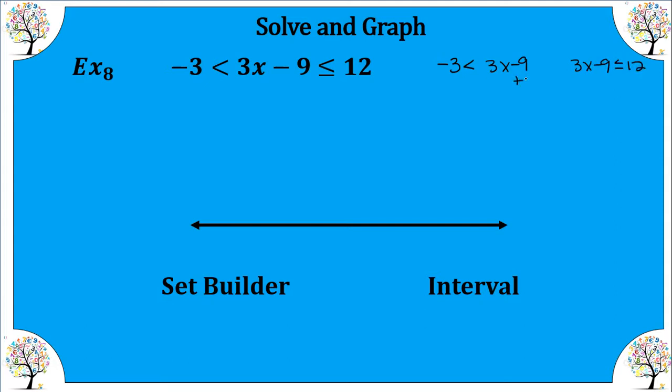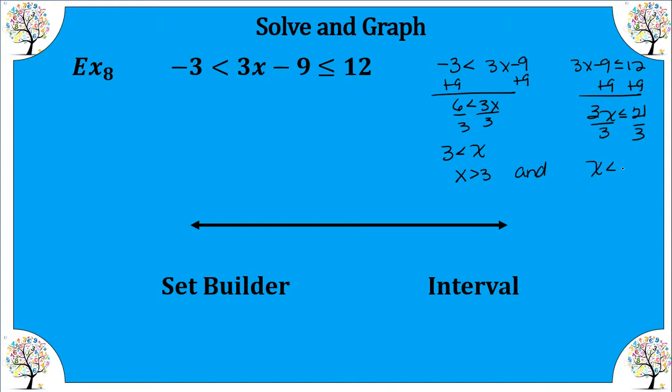So we're going to solve this. We're going to add 9. And then we're going to divide by 3. And it says 3 is less than x, or I could say x is greater than 3. Okay. And for the second one, we're going to add 9 to both sides and divide by 3. So let's graph this.